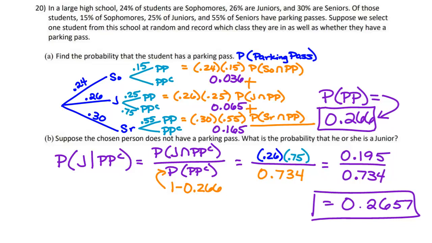All right, part C. Among the 40 seniors in the school's AP statistics class, that's astoundingly close to what we have this year, only 10 have a parking pass. The students are questioning whether the school is purposely not giving as many parking passes to seniors who take AP statistics.